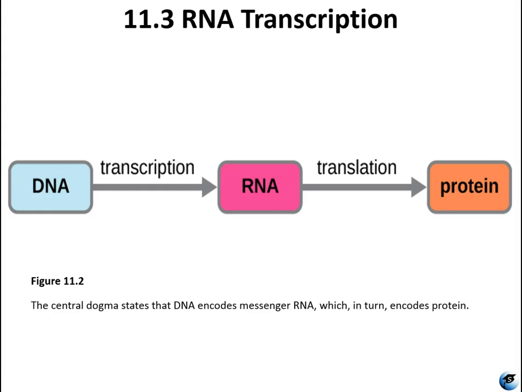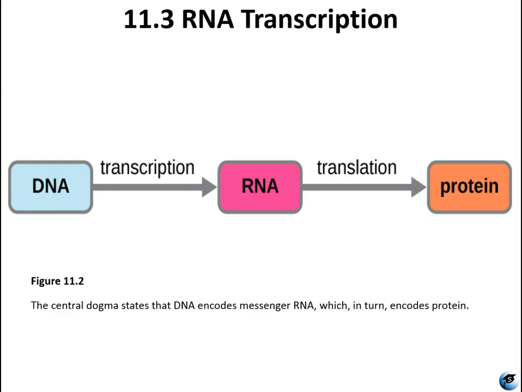DNA encodes messenger RNA, the mRNA, and then the mRNA is used to encode for protein. So DNA transcribes mRNA, and then the mRNA is translated into protein. So DNA replication, transcription, translation.